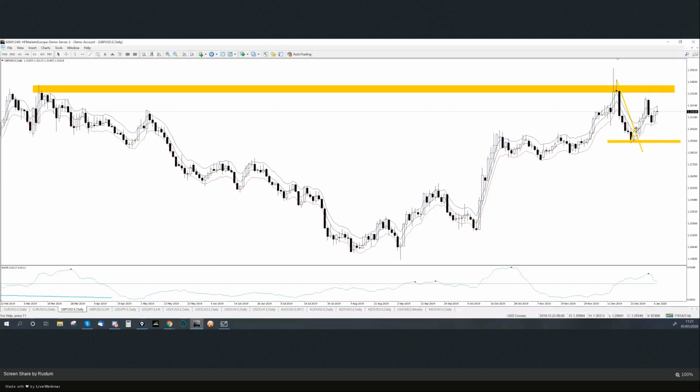There it breaks, and then the pullback on the 4-hourly, and you are just trying to identify if that is going to turn out to be a trend. It could turn out to be a range in this area. We don't know. If it turns out to be a range like this, then you could wait for the break of that range again to add to your position to go long.